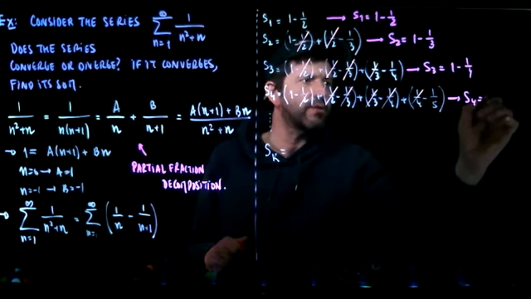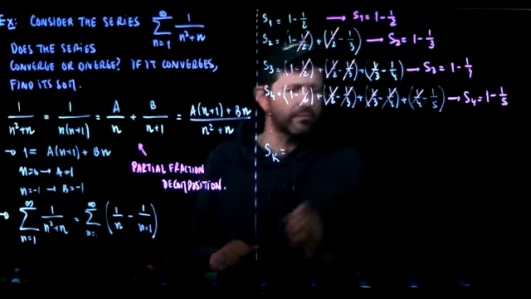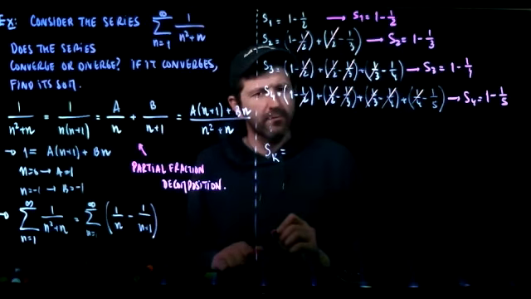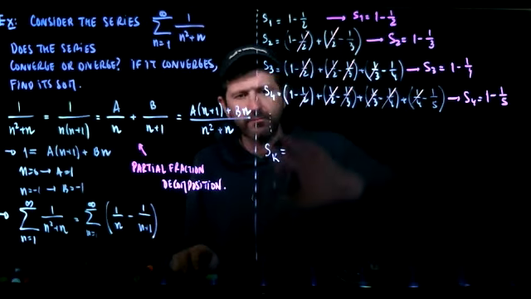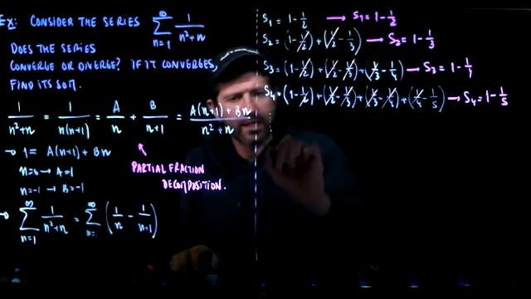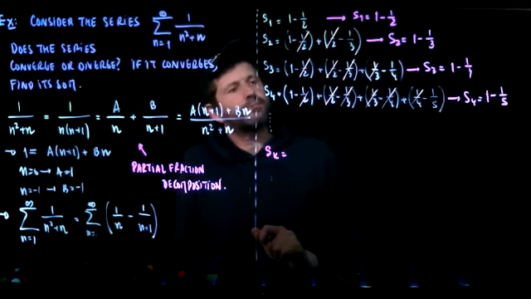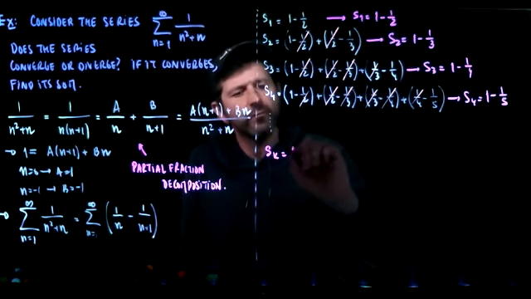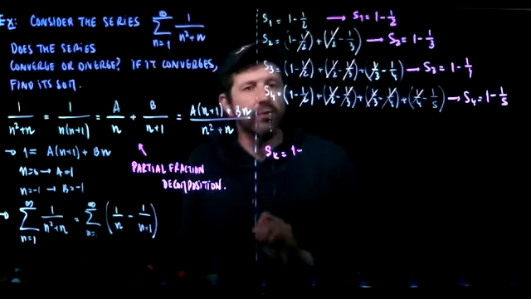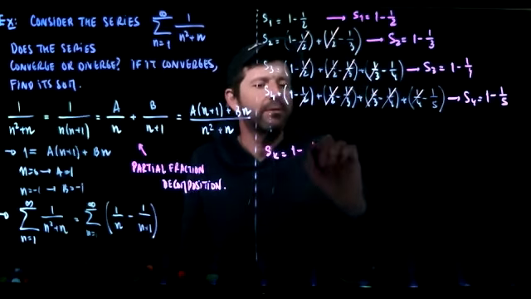S4 is 1 minus 1/5. And so Sk is what? One minus 1/k. Really? 1 over k plus 1, I think.